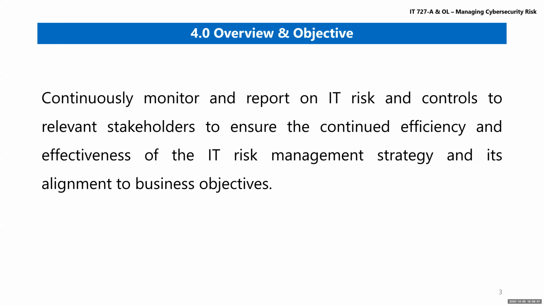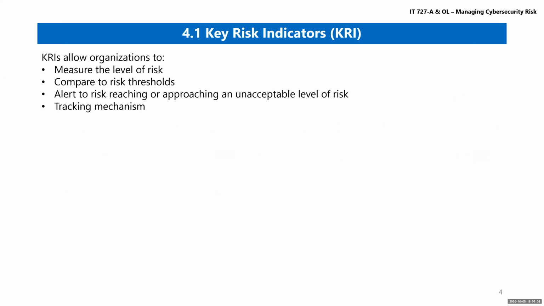Okay, so how do we achieve all of those things? KRIs, we all know that, right? But as we are talking about monitoring, we also are talking about reporting, but we are doing that to identify the effectiveness.